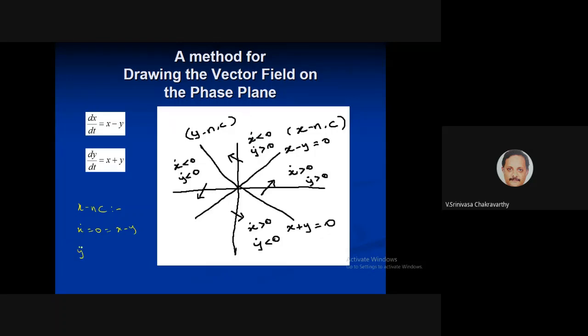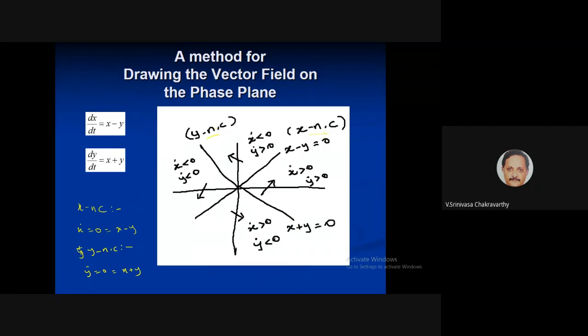Then you have the y null plane, where y dot is equal to 0, which is x plus y. So the null planes are x minus y equals 0 and x plus y equals 0. X minus y equals 0 is this, the x null plane. X plus y equals 0 is this, the y null plane.